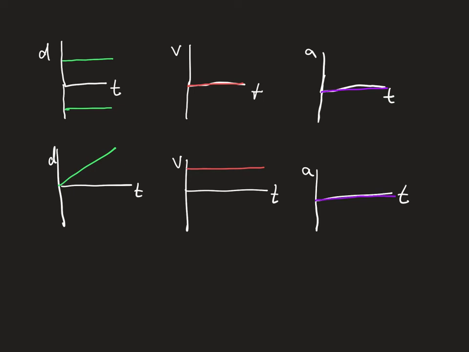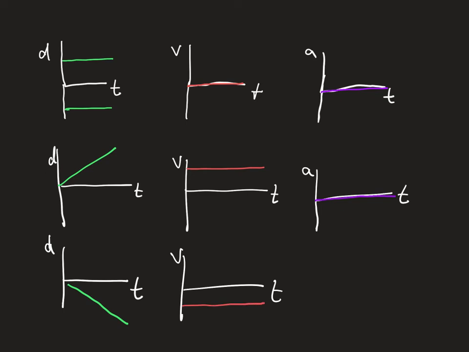Now, the same can be said as if I went through and did the negative. A distance time graph for a negative direction, such as that, would have a velocity time graph that would have a constant negative point.